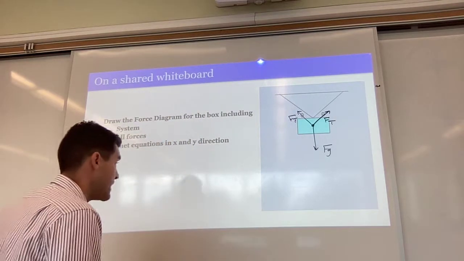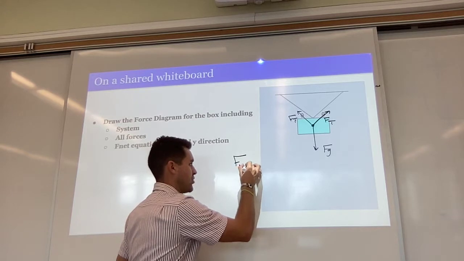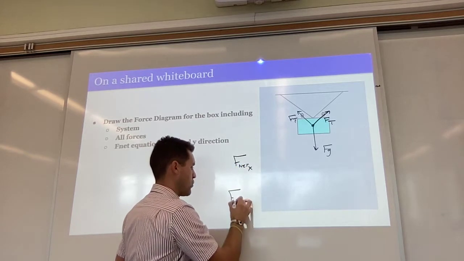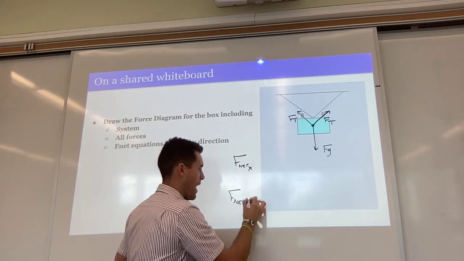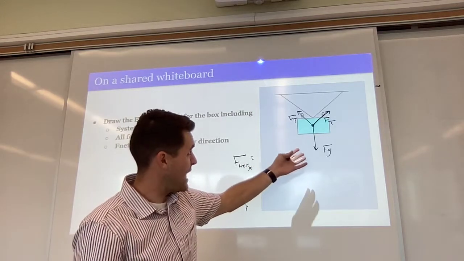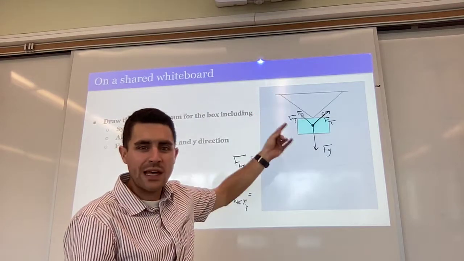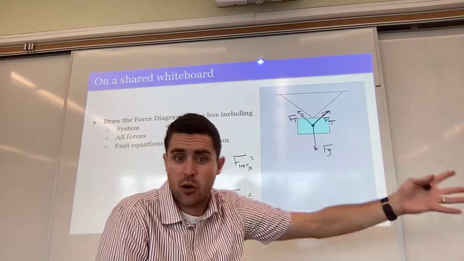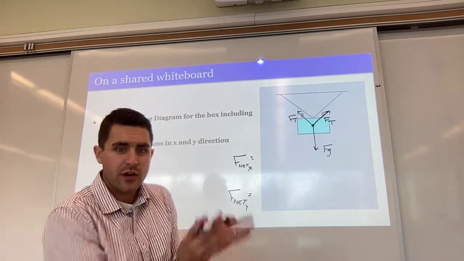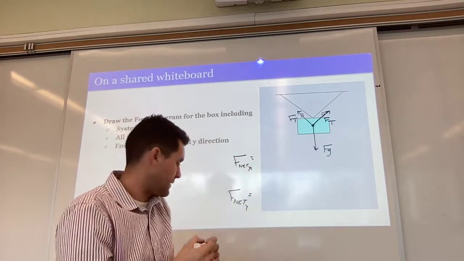But here's the problem. If I go ahead and think about the forces in my x direction and the forces in my y direction, I don't really have anything perfectly vertical to support gravity. And I don't have anything perfectly horizontal. These two strings are acting both vertically and horizontally.